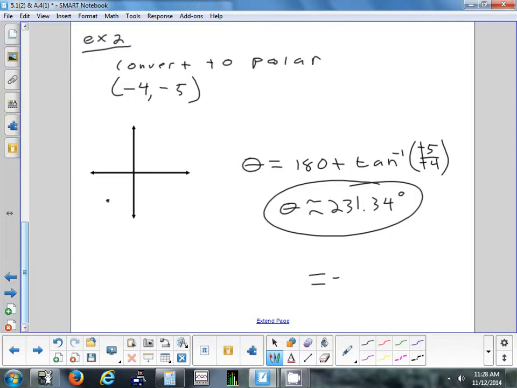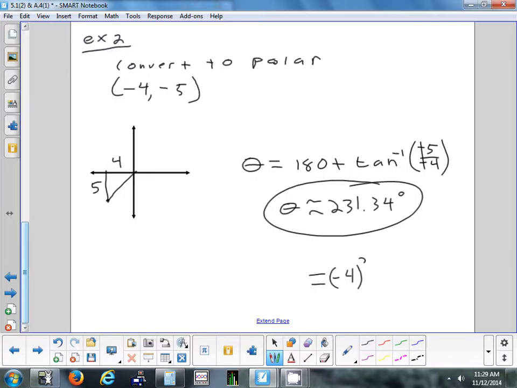So anybody remember how we find that radius? It's really what theorem? Yeah, it's the Pythagorean theorem. If you think of this as a triangle, this side's 4, this side's 5, just find the hypotenuse. Whether or not you use the negative, it doesn't matter. It's going to cancel out.